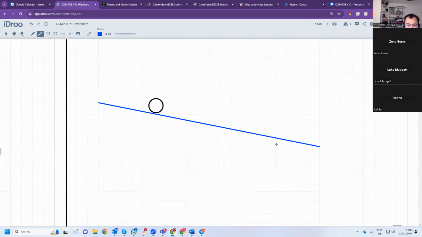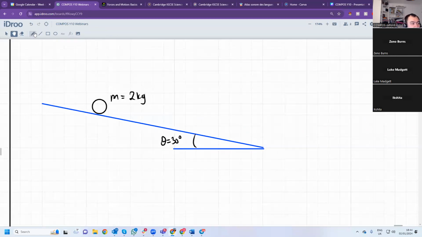So it's not rolling, because rolling is a whole other story. The angle theta is 30 degrees, and the ball has a mass, let's say 2 kilograms. Find the acceleration of the ball.